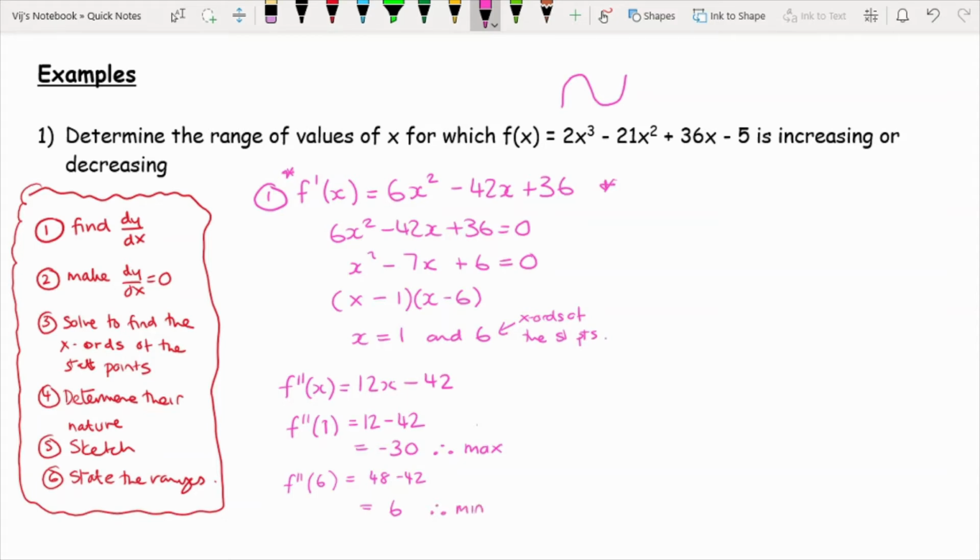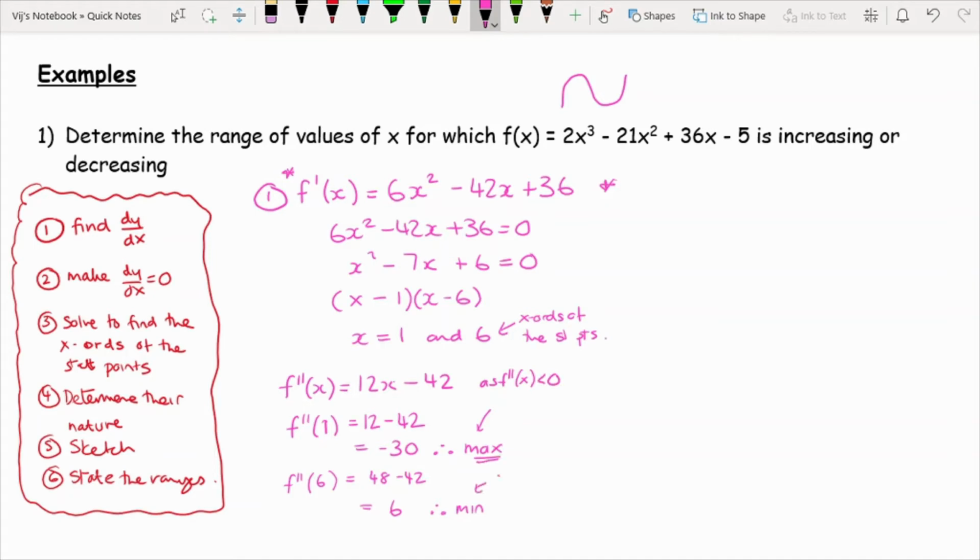Now, as I mentioned in the last video, it's worth stating that as f double dash of x is less than 0, it's a maximum.